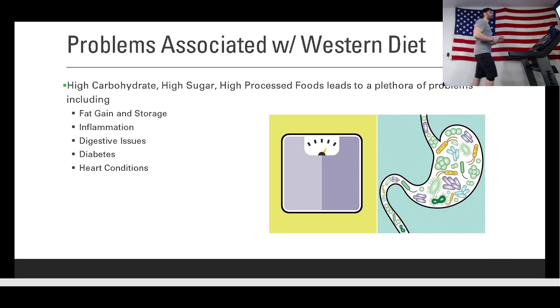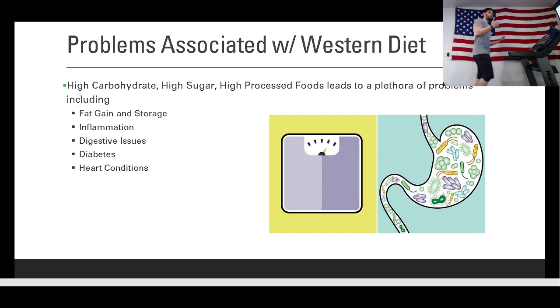So really, problems associated with the Western diet in general, like I said, can be resolved by doing other types of diets. With the Western diet, because it's made up of highly carbohydrate foods, which, by the way, in case you didn't know, at the end of the day convert into sugar.